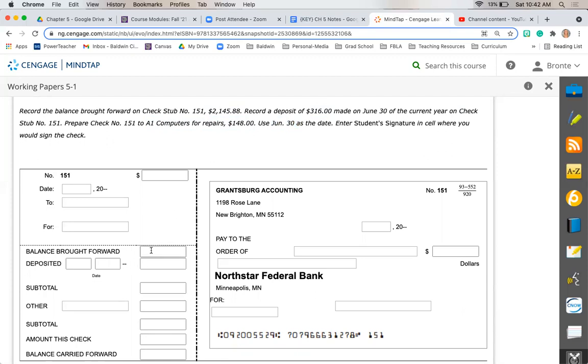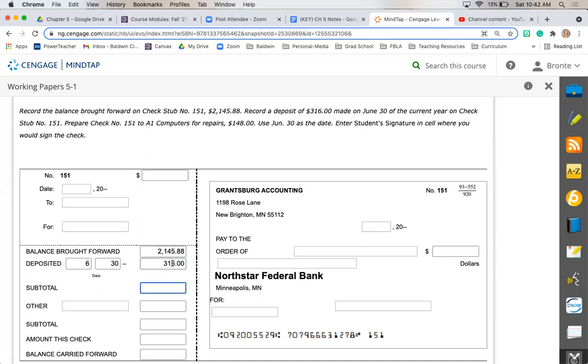So first we need to record our balance brought forward, $2,145.88. It also told us that we had a deposit of $316 on June 30th. So June is the 6th month, 30, $316.